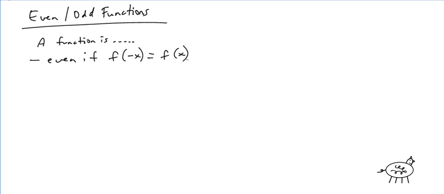Okay, so basically what you're doing is you're plugging in a positive and a negative value, and then they must be equal.